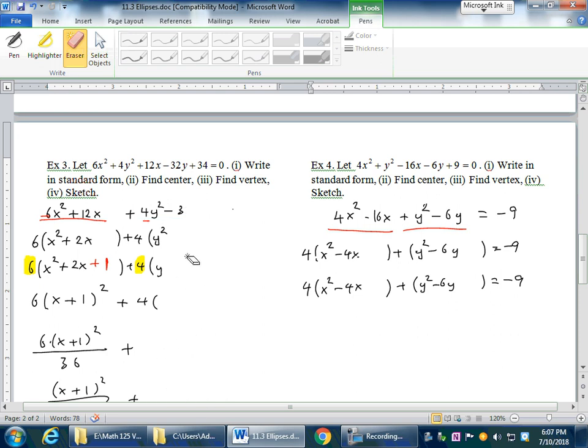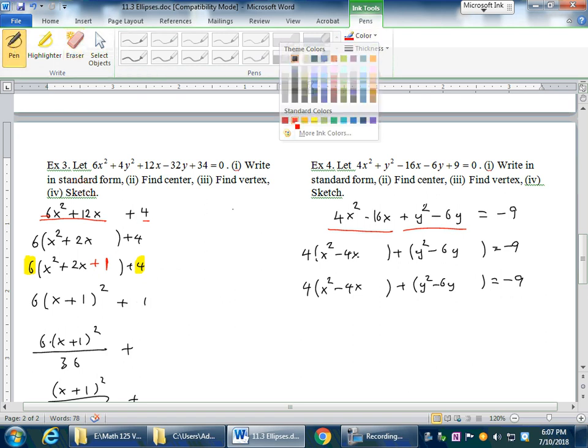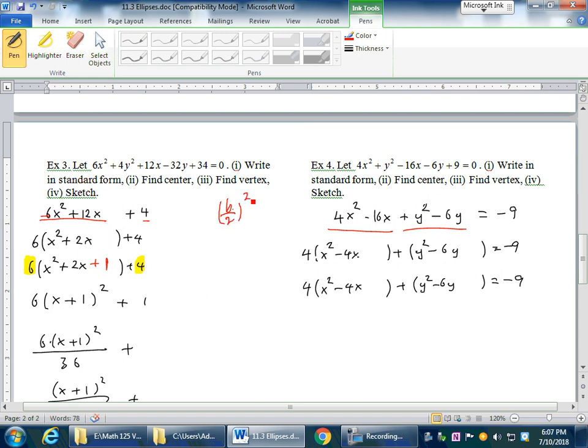For the x part, b divided by 2 and then squared, in this case will be -4 divided by 2 and squared, which is -2 squared. That will become 4. So we are adding plus 4 right here.